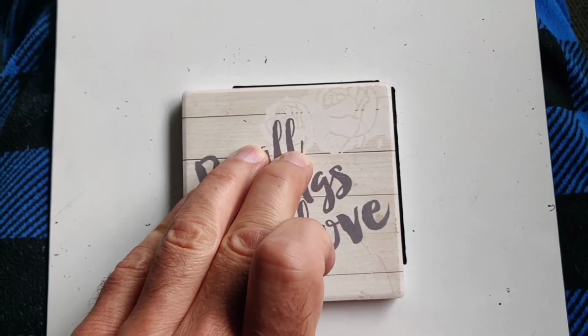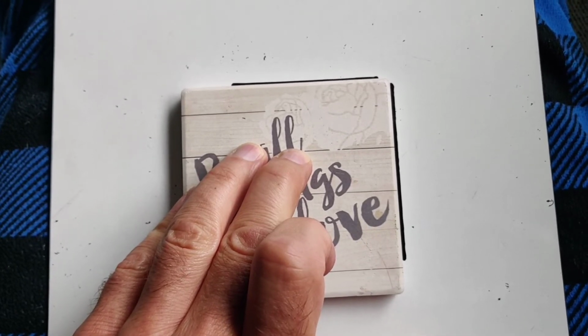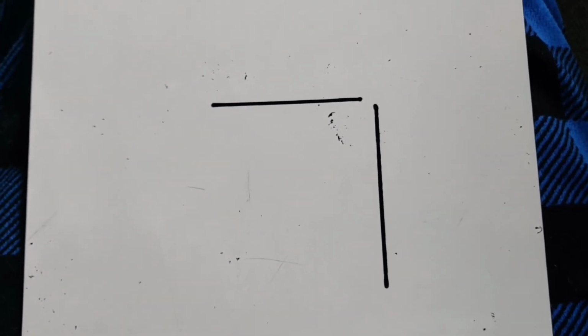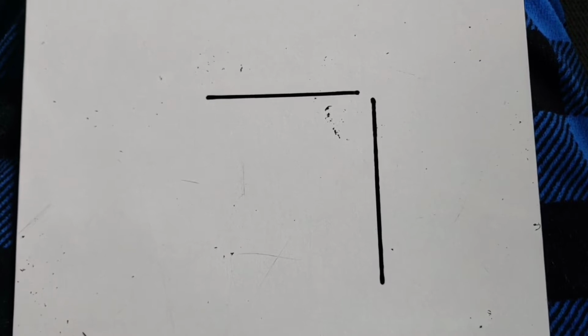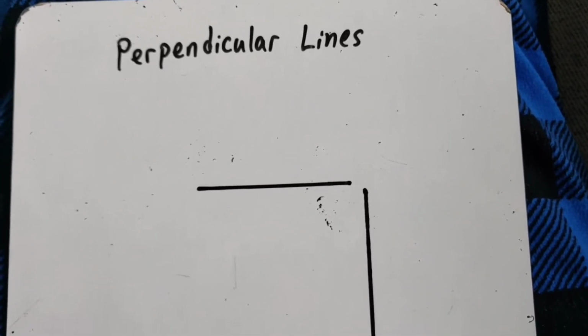So before I finish drawing the lines, so far I've only drawn line segments. I'm going to move this away so you can see. And when I finish drawing those lines, they're going to intersect so they're going to be perpendicular lines.